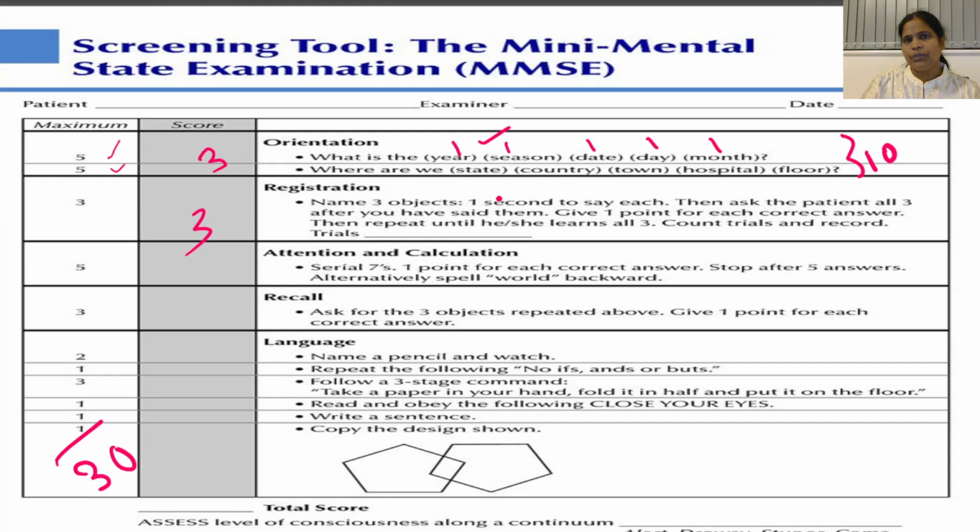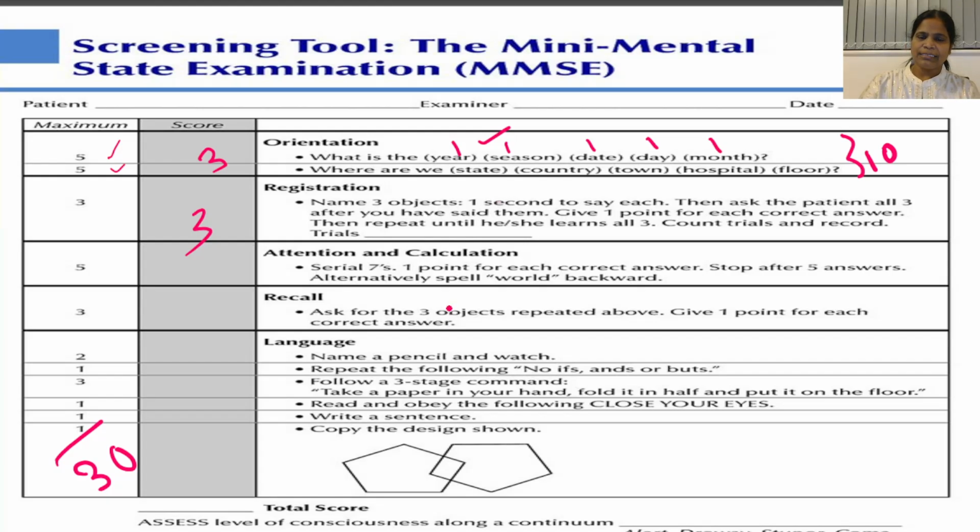If not, you have to give them another trial, repeat again, and see that they repeat those correctly. We can give them at least 3 attempts. According to the response we get, we can give the score.